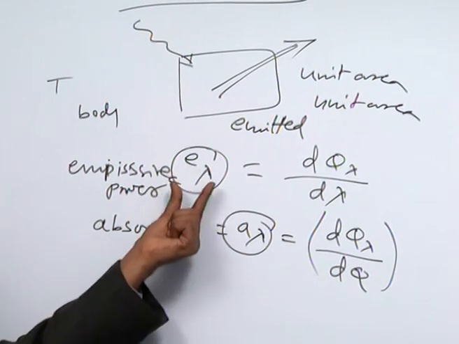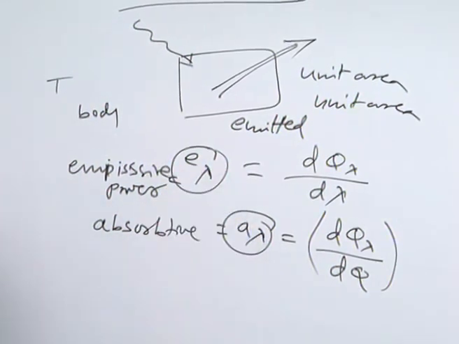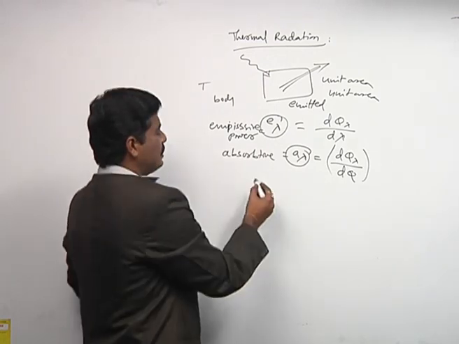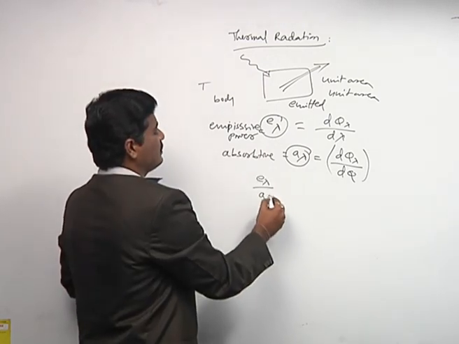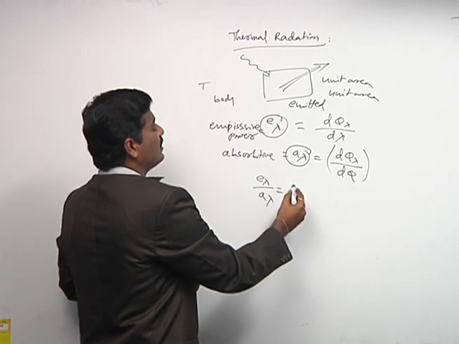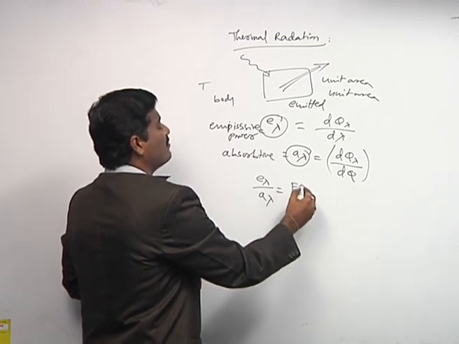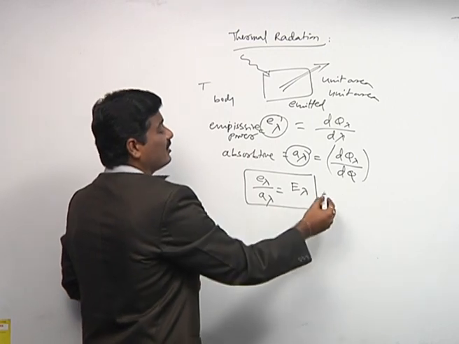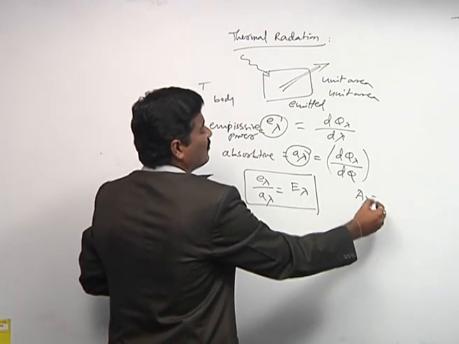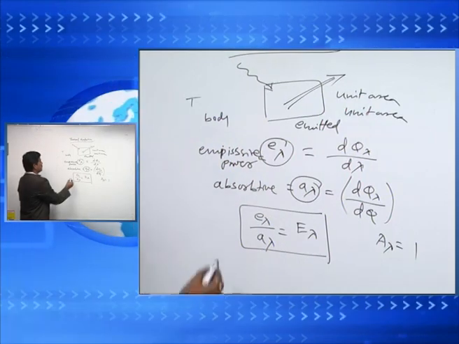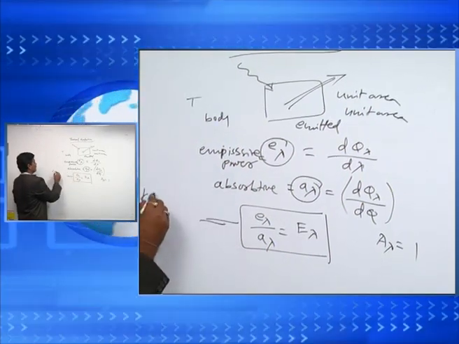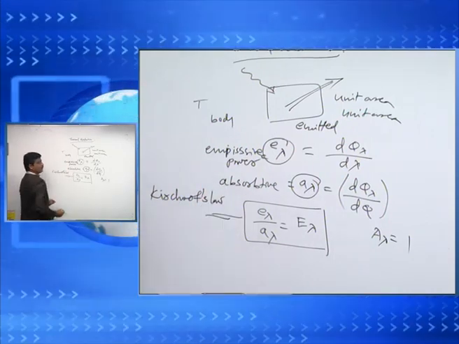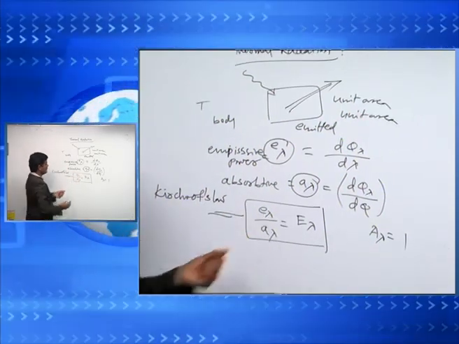The relation between emissive power and absorptive power is given by Kirchhoff's law. At a given temperature, the ratio is a constant. For the black body, A lambda will be equal to 1. This is about Kirchhoff's law.